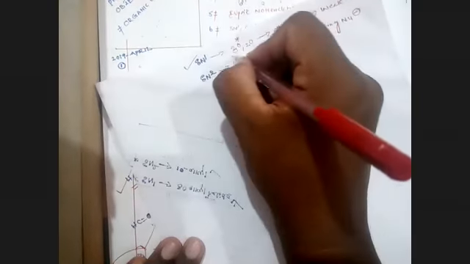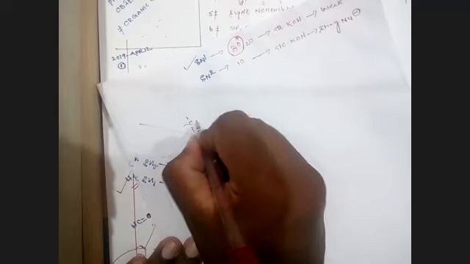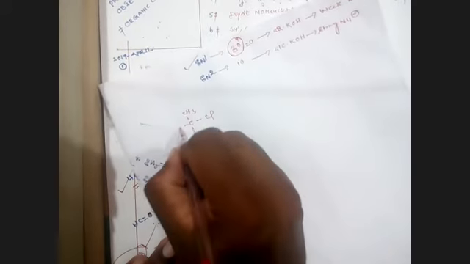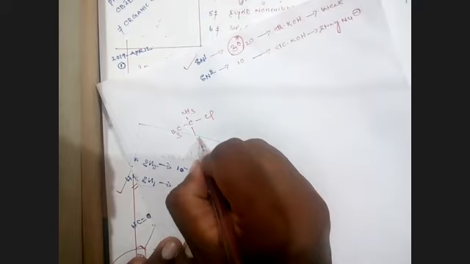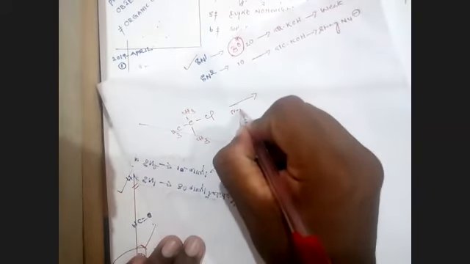Now we will see the reaction. First, SN1. We should take a tertiary alkyl halide, which doesn't contain any hydrogen. Now it has a two-step mechanism.